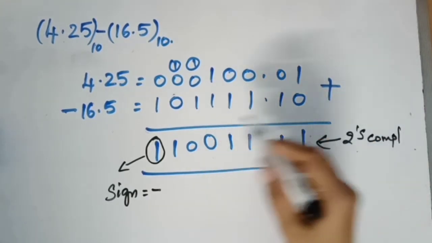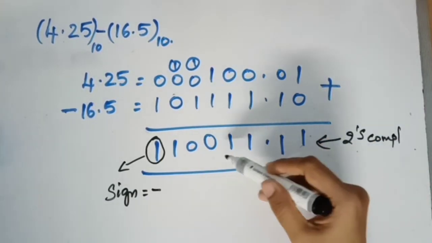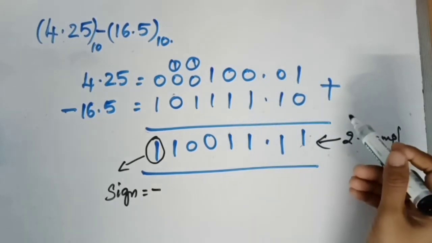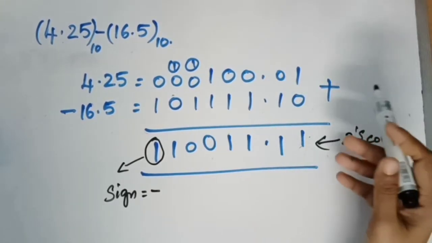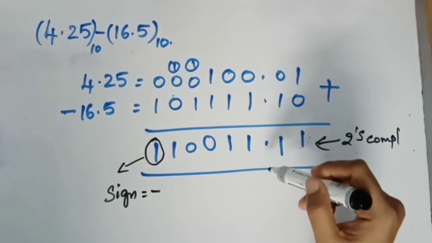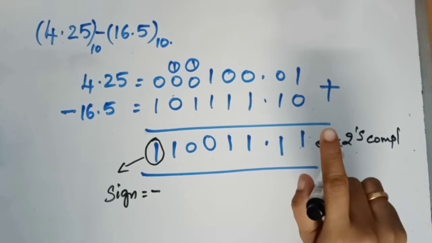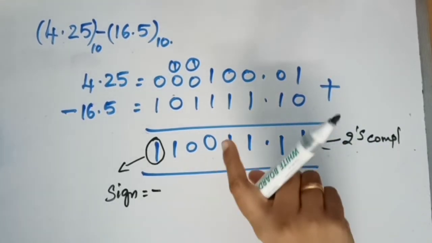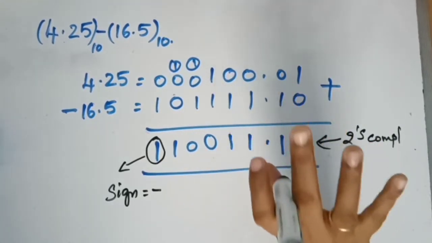So you can't just take this as a binary number and convert it to decimal and see whether the answer is correct or not, since this is in the 2's complement form, not in the binary form. In the earlier case, since that was a positive number, that was in the binary form.